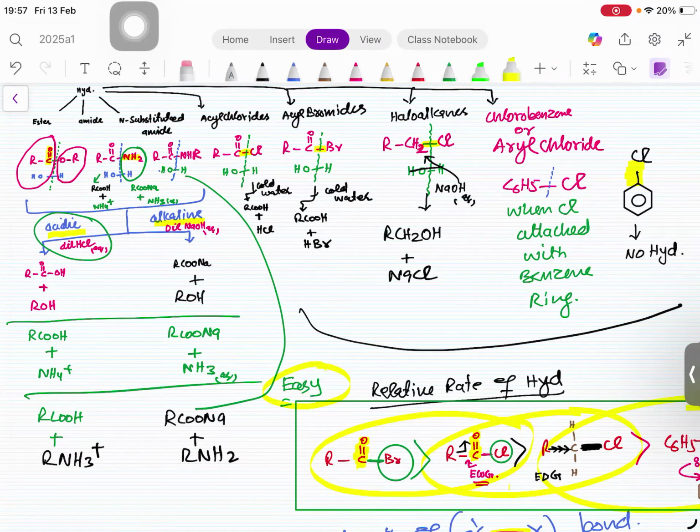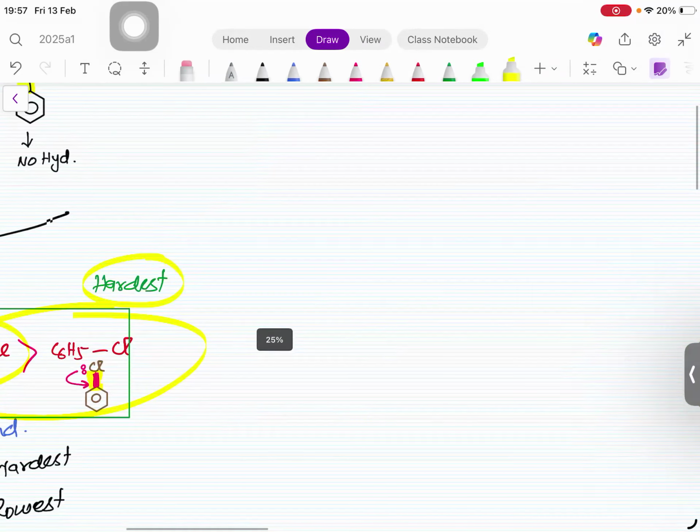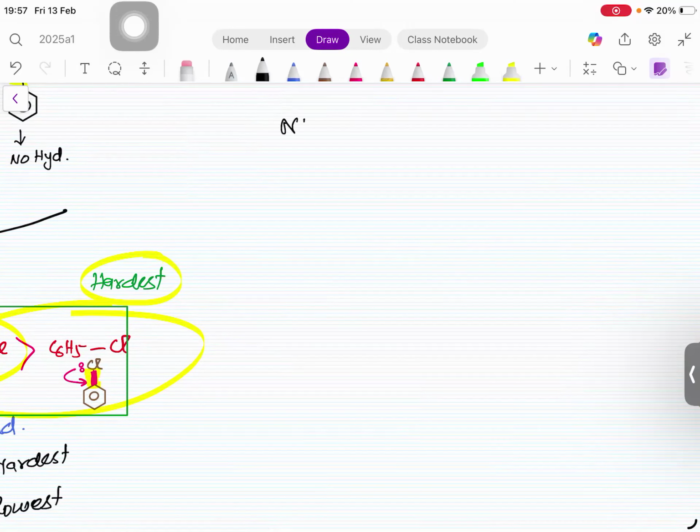Sorry, I forgot. That is the hydrolysis of nitriles. So there is one more organic compound that can also undergo hydrolysis, nitriles. They are the ones which we did in AS. If you remember, if this is RCN, they also undergo acidic and alkaline hydrolysis.